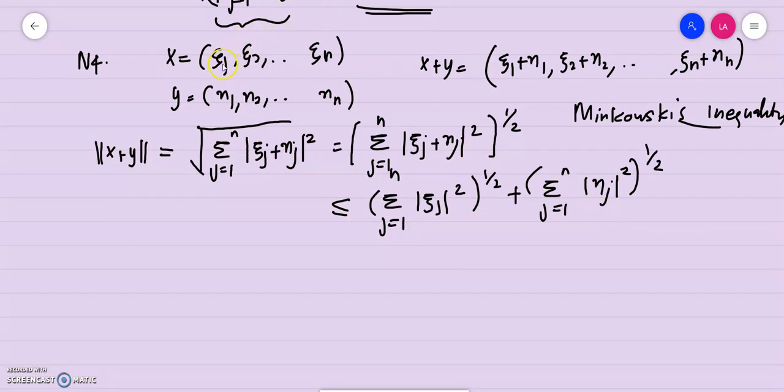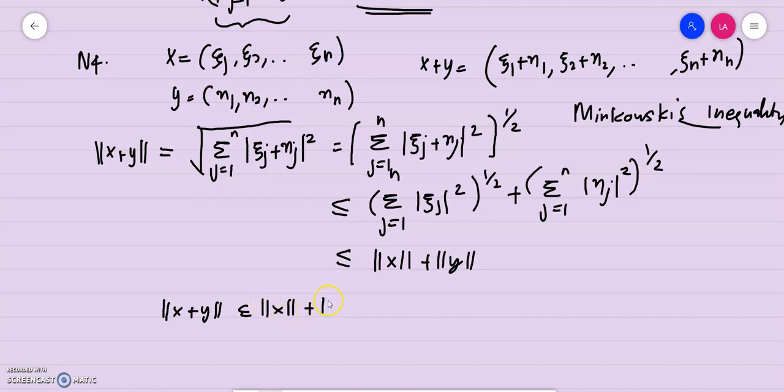Here x is theta 1, theta 2, etc., theta n, and y is eta 1, eta 2, etc., eta n. So we can substitute the values of norm x and norm y. So norm x plus y should be less than or equal to norm x plus norm y.